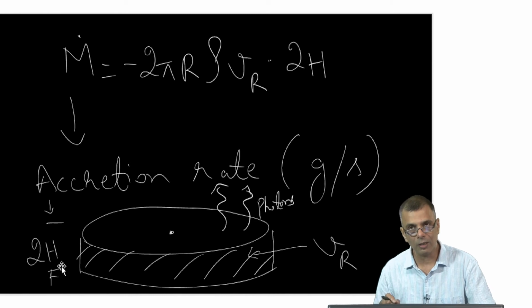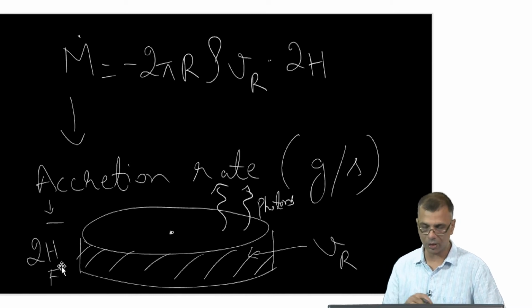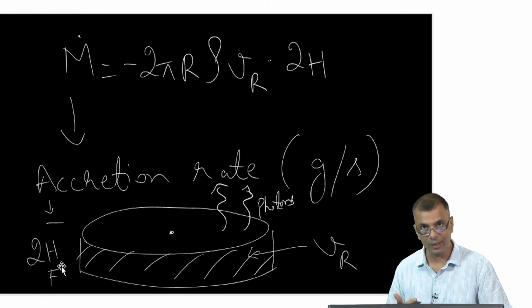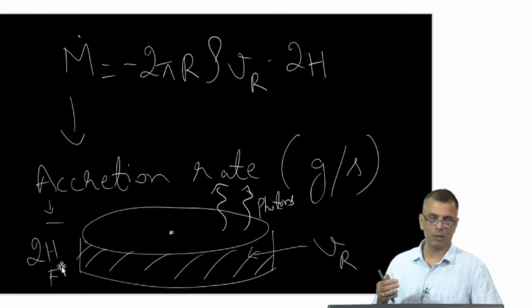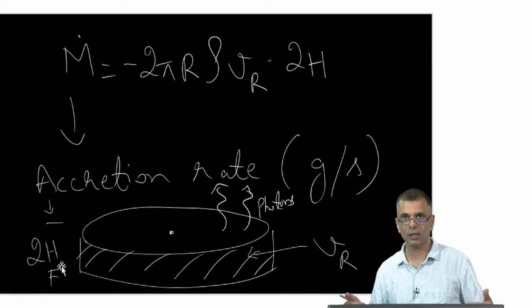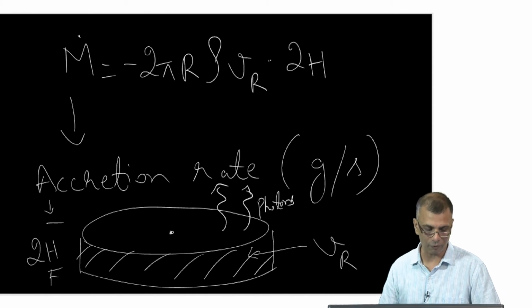Not directly the energy flux that's dissipated, but the energy flux which enables a heating, and therefore the photons that are indirectly a product of this kind of viscous dissipation, right?